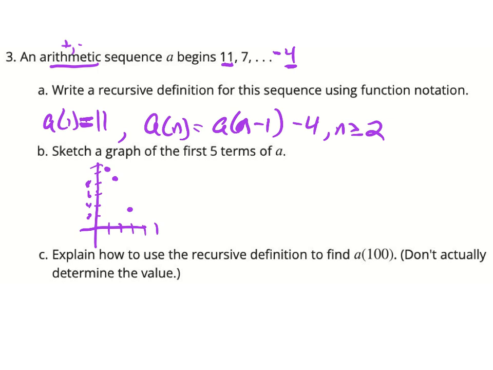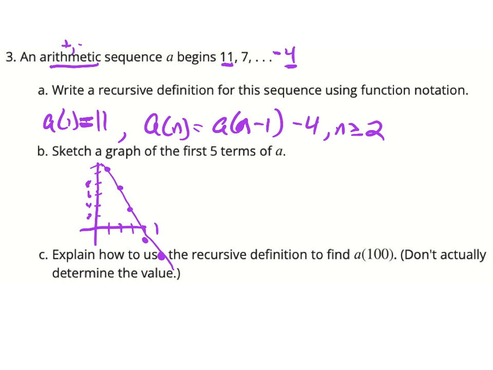Minus 4, yeah, 11, 7. Oh, wait, this dot should be lower. That dot is at 9, not 7. The graph looked kind of funny to me. And then negative 1, and then negative 5. And again, we see another straight line.